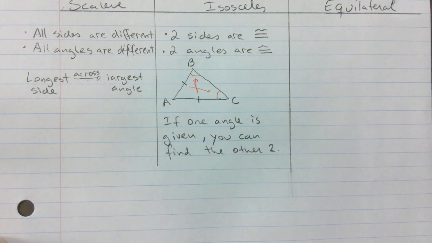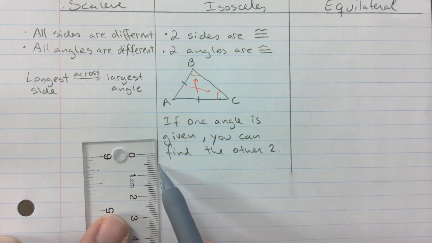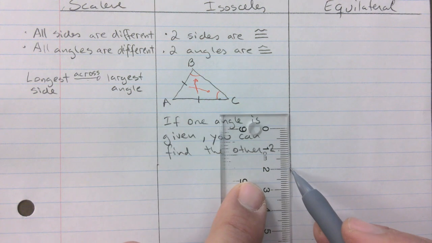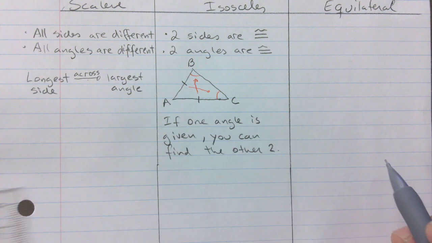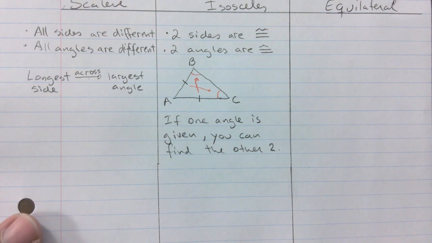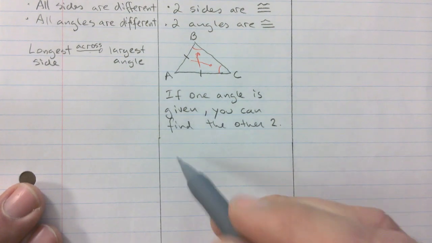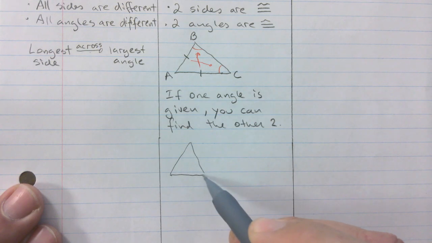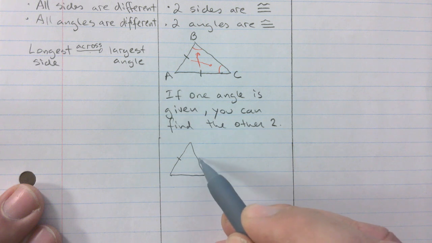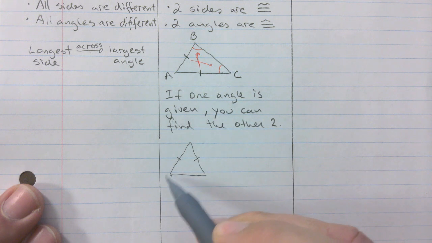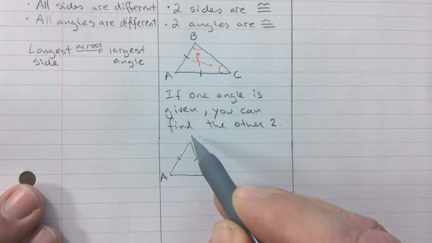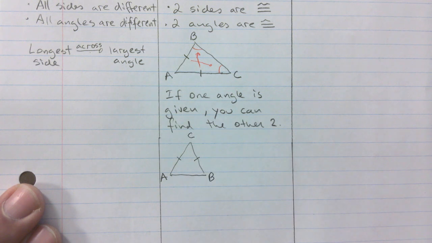This one is going to have a little bit more information than the scalene one, so let's extend that. If you have a triangle like this, let's have A, B, and C like that.